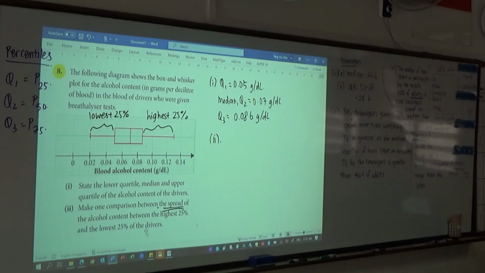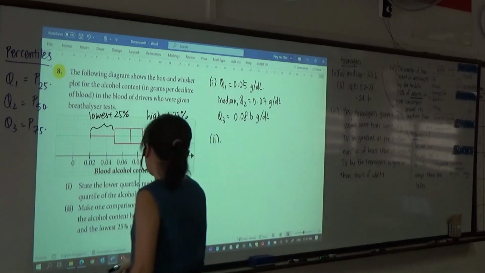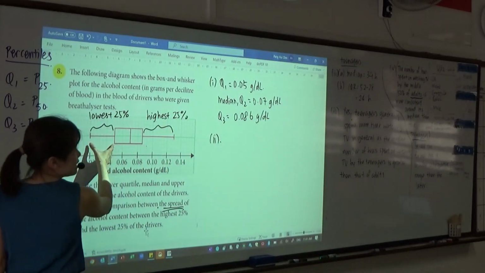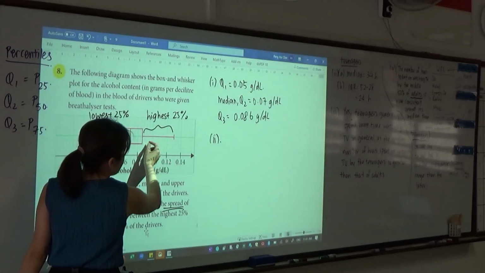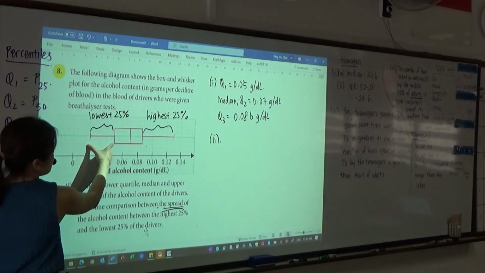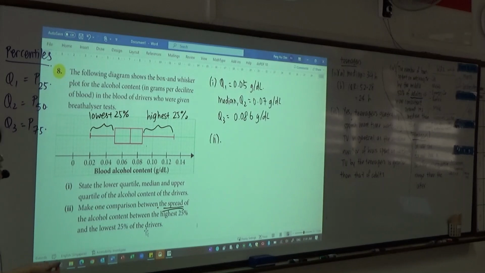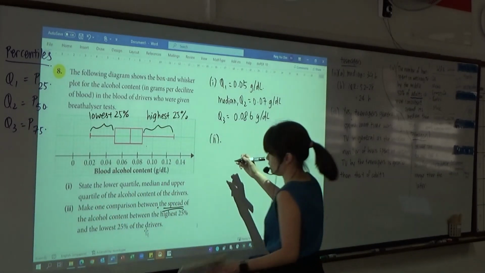Okay, spread, that means the so-called wideness of the data values. So visually from a box and whisker plot, I can see that this line is longer than this line. So this means that for the highest 25%, the spread is wider as compared to the lowest 25%. Okay, so you just have to describe that out in words, which is exactly what I just said earlier on.